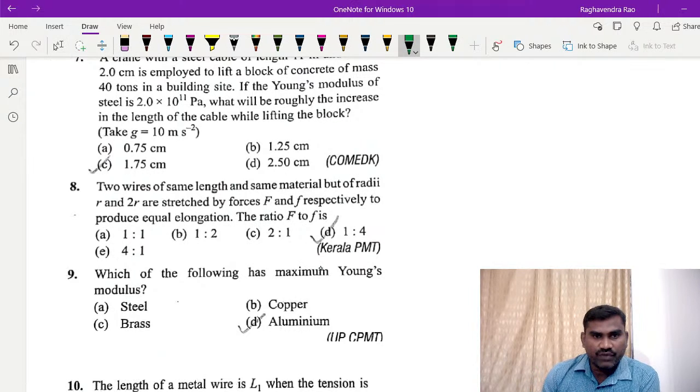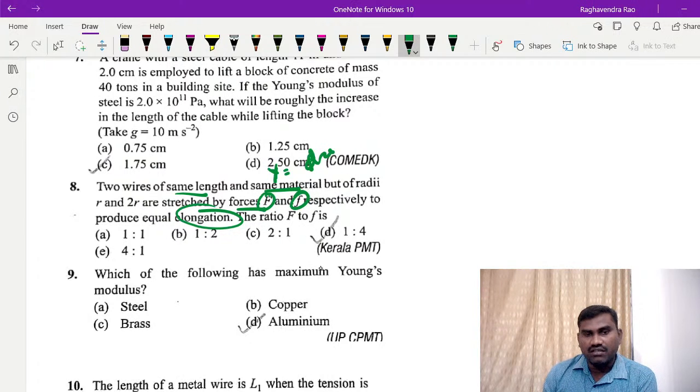Okay, two wires of the same length and the same material, that means Y is the same and density is also the same, but the radii ratio is given. They are stressed by forces F1 and F2 respectively to produce equal elongation.